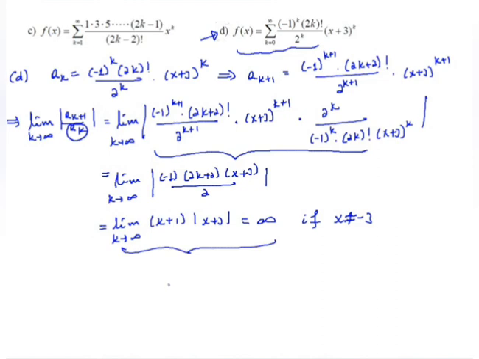Okay, so this tells us f of x converges only at x is equal to minus 3. Okay, so ይሄ function converge የሚያደርገው at minus 3 ብቻ ይሆናል ማለት ነው። Therefore the domain of this function is a single element, which is x equals minus 3.